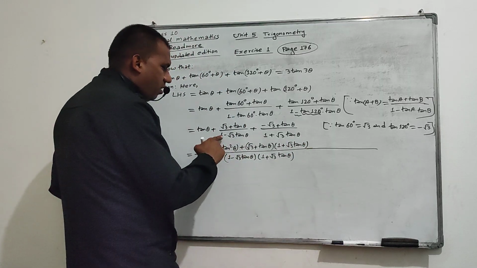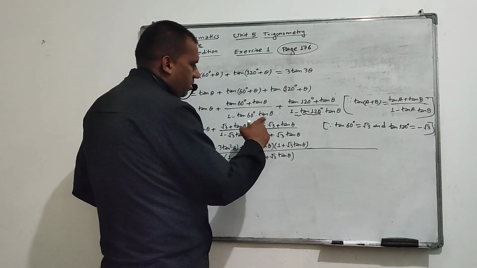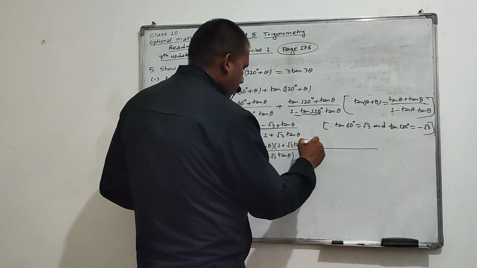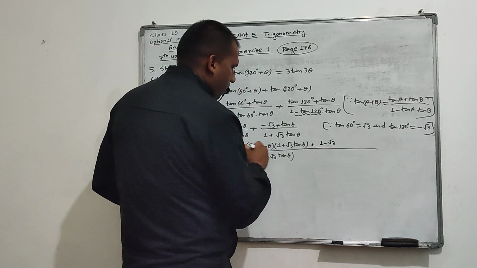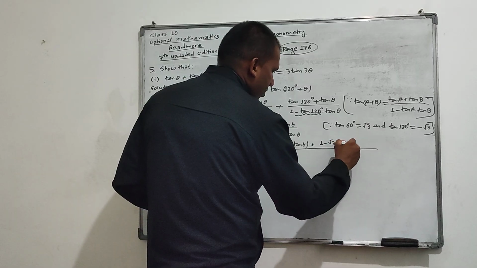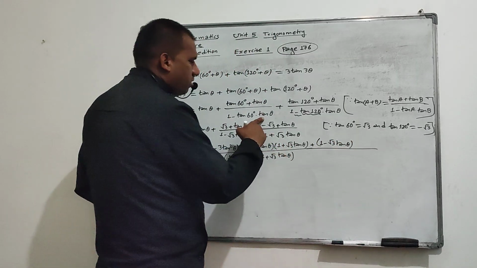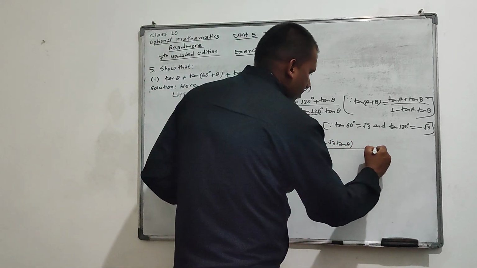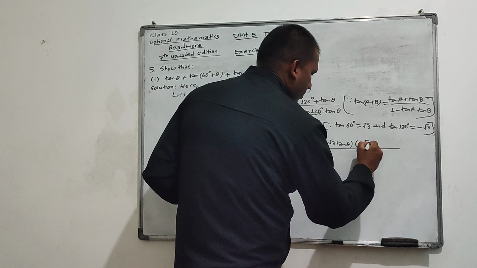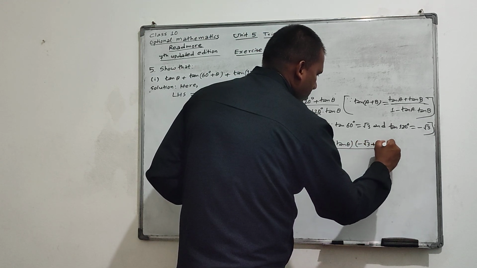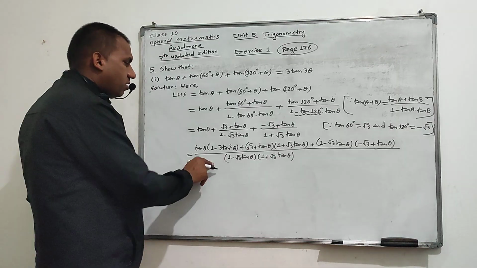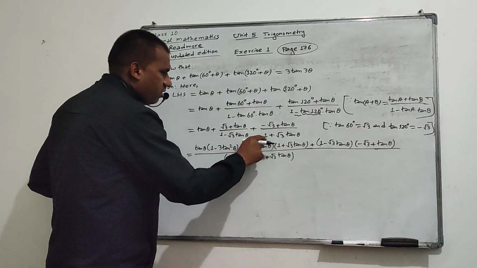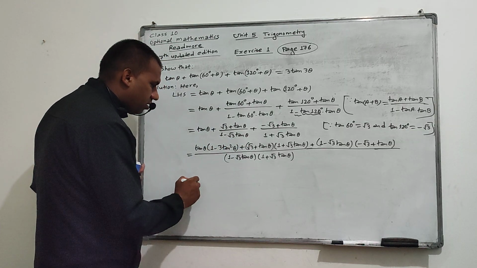Similarly, 1 minus root 3 tan theta multiplied with minus root 3 plus tan theta. So taking LCM in this step, LCM of all three parts together.